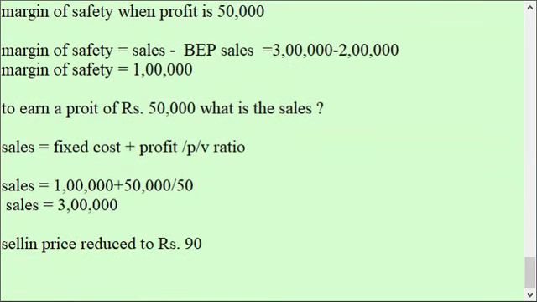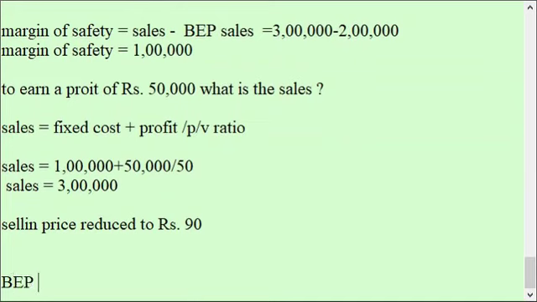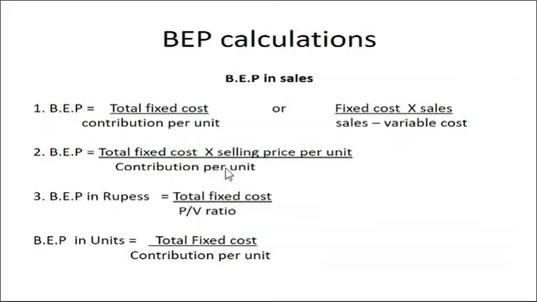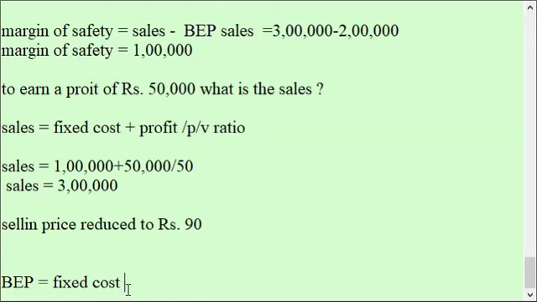The PV ratio will change because the price has been changed. To be on the safer side, we go for this formula. BEP is equal to fixed cost divided by contribution per unit into selling price per unit. We can go for this formula also: fixed cost divided by PV ratio. Any formula we can apply, we get the same answer.